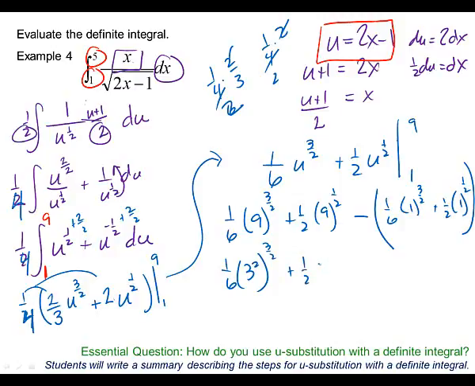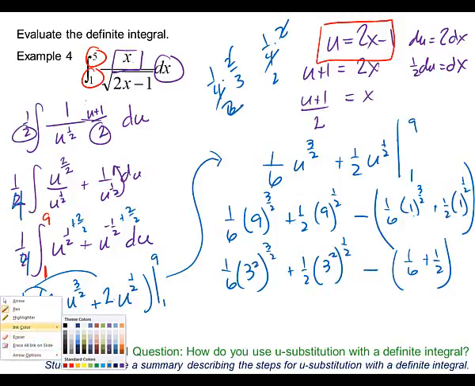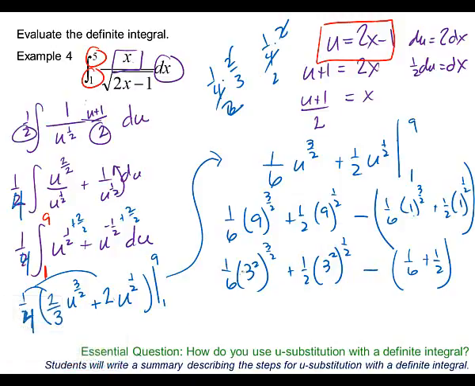Magic, yes. Over here, aren't the 1s just going to go away? Shouldn't it be 1/6 plus 1/2? Okay. I'm going to go to another color here. So why was the 3 squared so important?